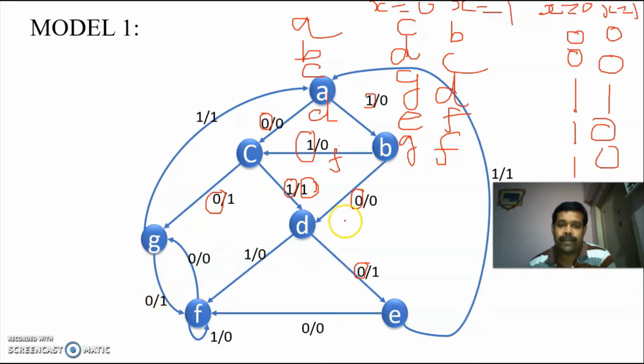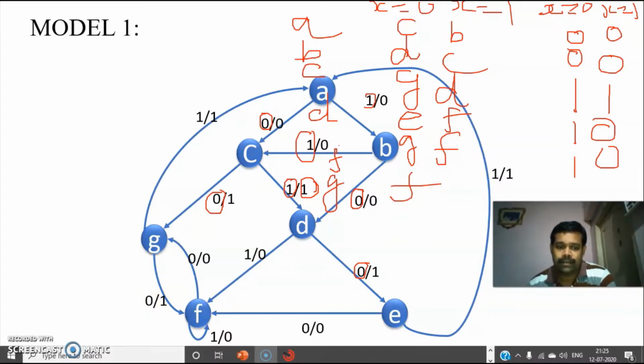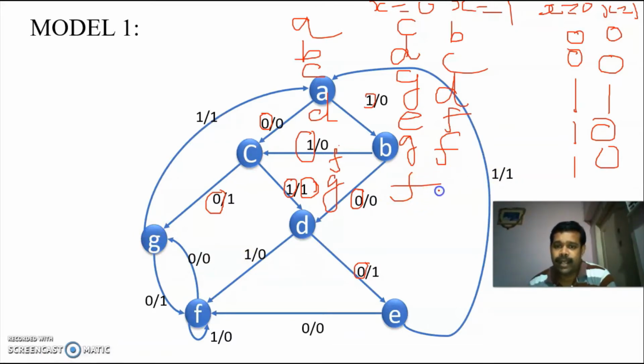You are in G, when you are giving an input of 0, it is going to F, output is 1. And when you are providing 1, it is going to A, and output is 1.